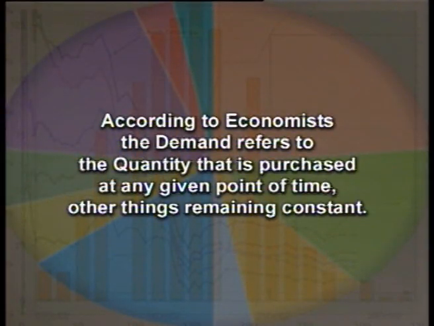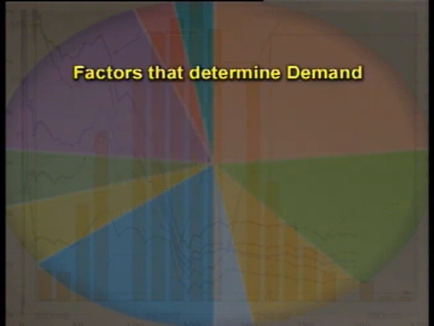So, economists, when they refer to demand, refer to the quantity that is purchased at any given point of time, other things remaining constant. We had discussed earlier that there are many factors that determine demand.